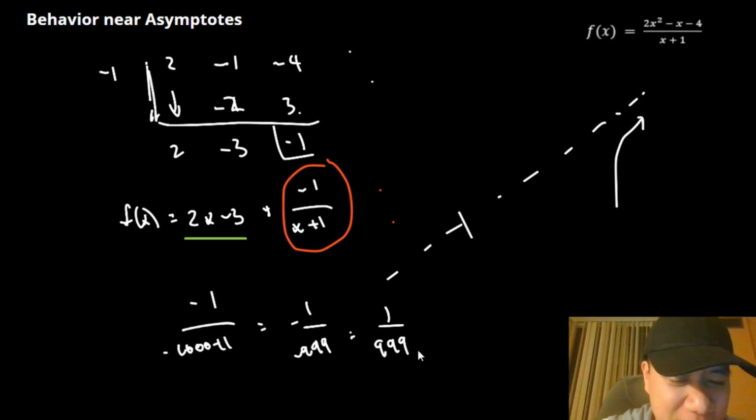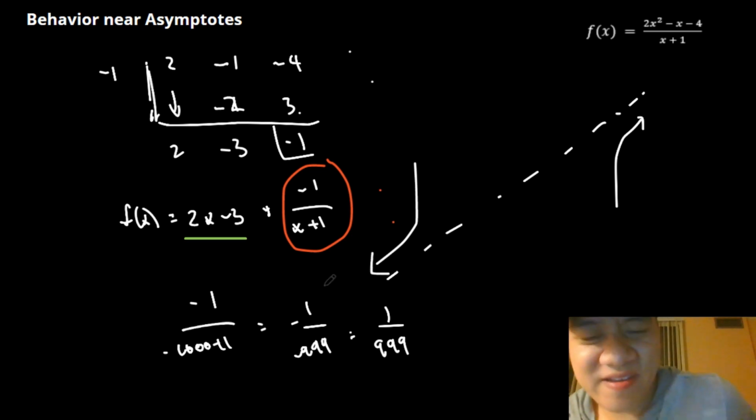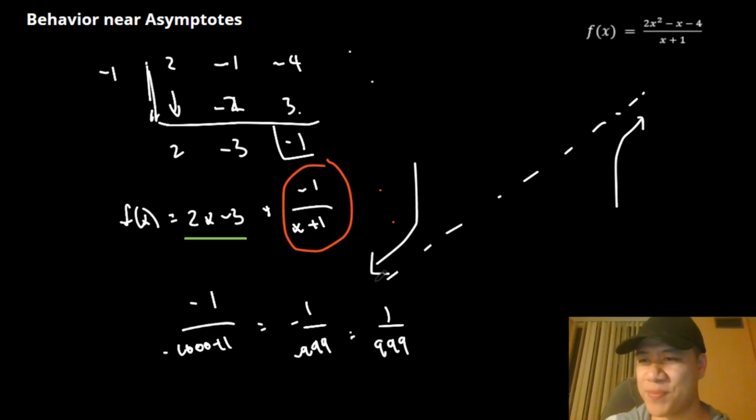Since it's a positive number, that means that this function is going to be slightly larger than 2x minus 3 when x is approaching negative infinity. That means that our function will approach our OA from above. We'll go like that. And that's it. That's pretty much the gist for finding behavior near OAs. This is all you have to do.